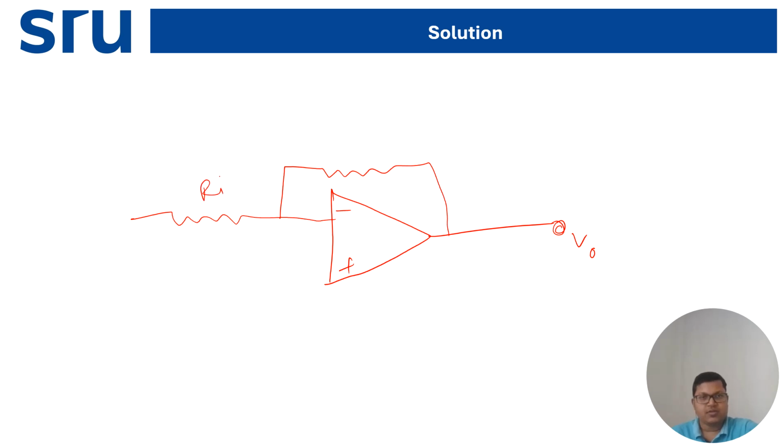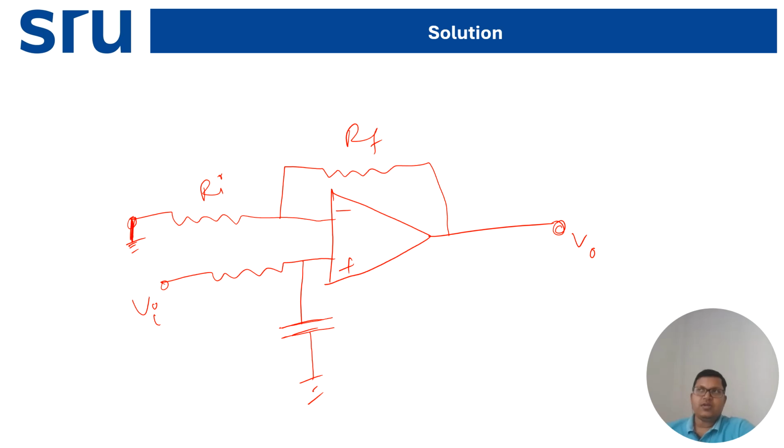This is your input resistor, this is your RF, this is your ground, and we connect the resistor here along with the input Vi, and we connect the capacitor here because this is low pass, from the non-inverting input, and it will be grounded.